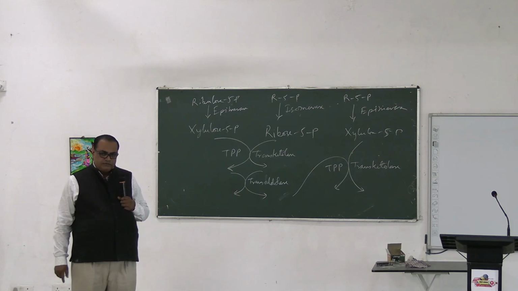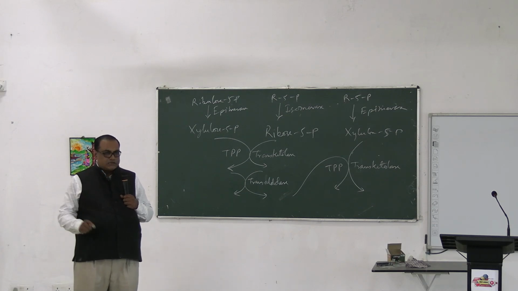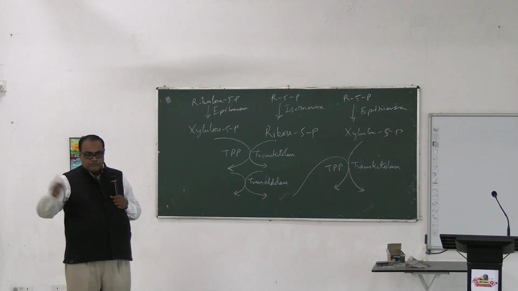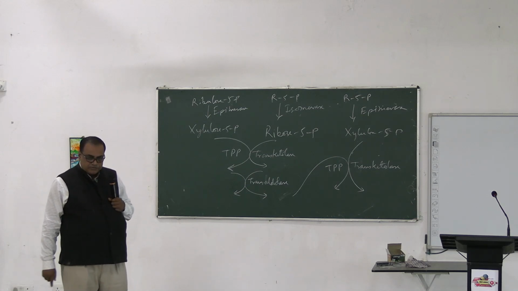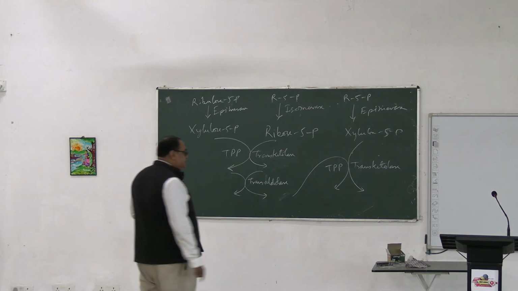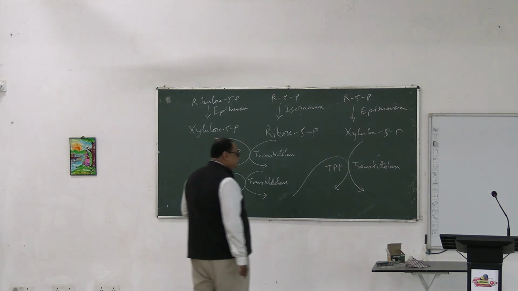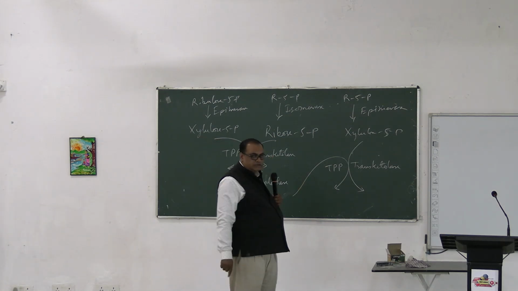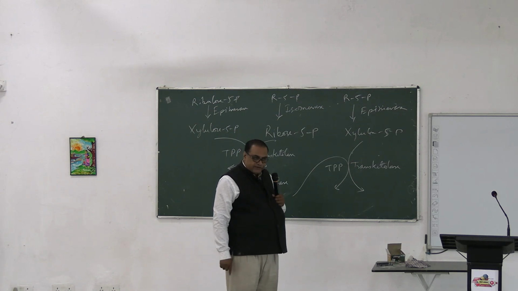Which one? Xylulose. So from where to where will the keto group be transferred? From xylulose to ribose. So 5 minus 2 is 3, 5 plus 2 is 7.